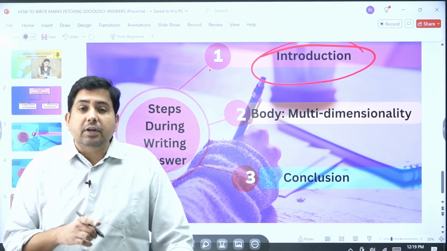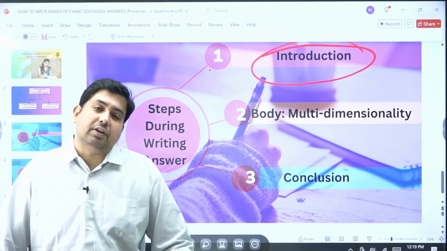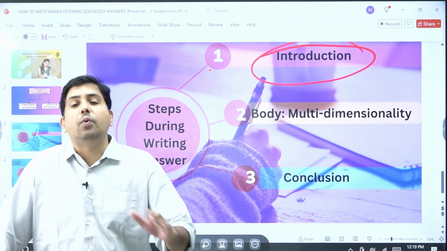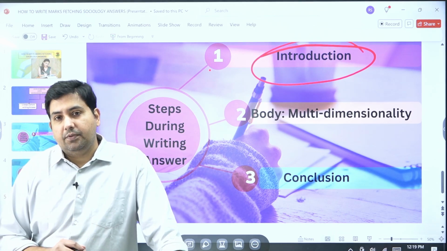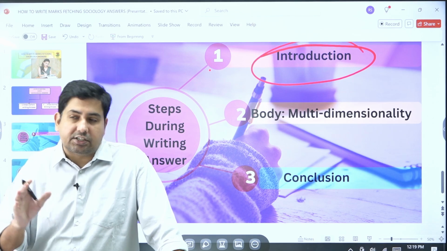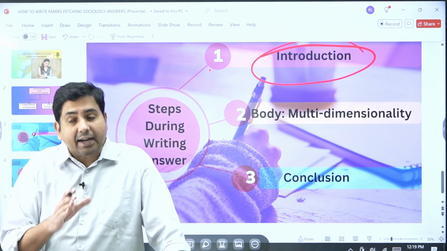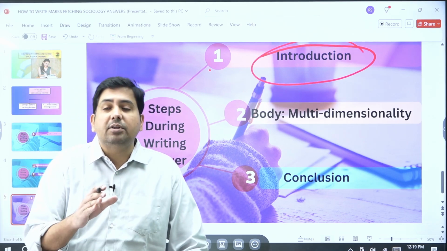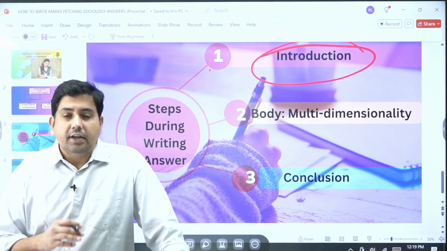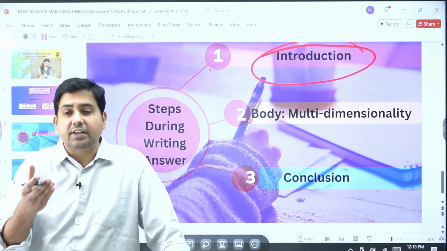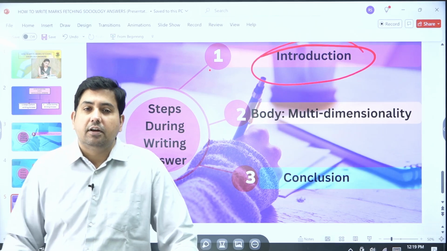And if possible, give a brief overview of what you want to say in the answer, in the introduction itself, so that by reading the introduction, the examiner would develop an interest in reading the rest of your answer.